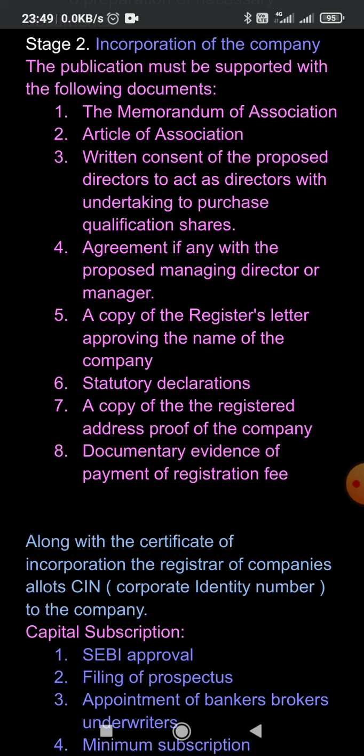When the registrar is satisfied about the completion of formalities for registration, a certificate of incorporation is issued to the company, which signifies the birth of the company, and hence the certificate of incorporation is also called the birth certificate of the company.